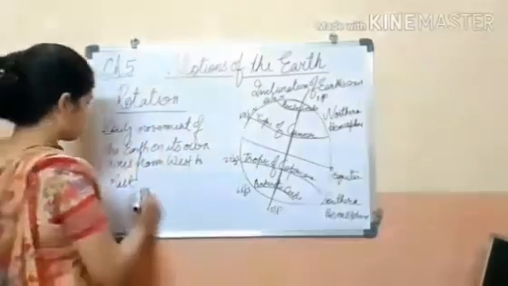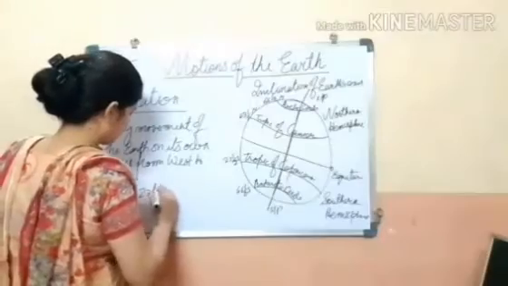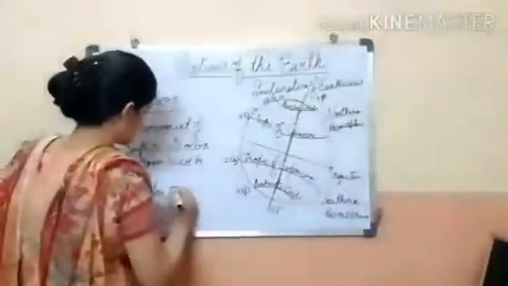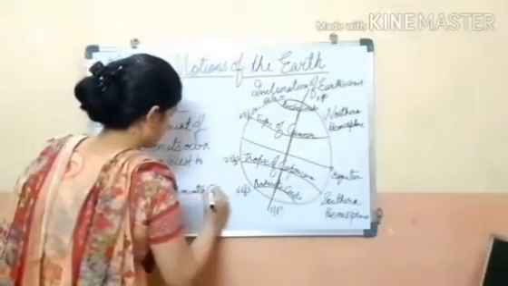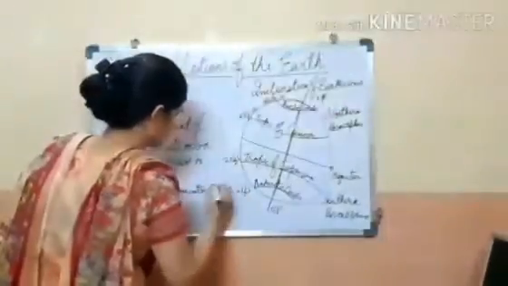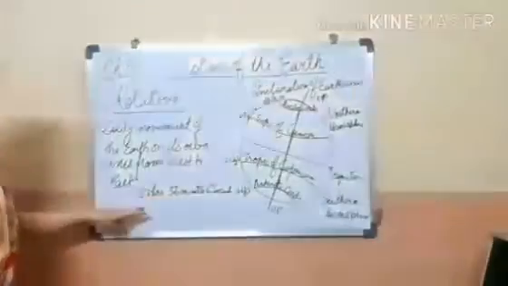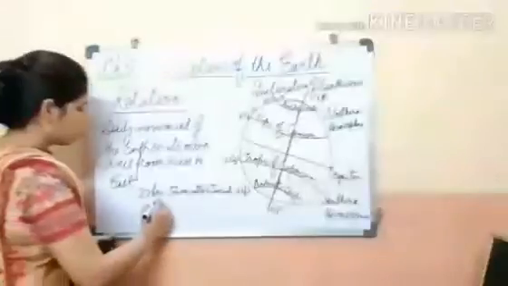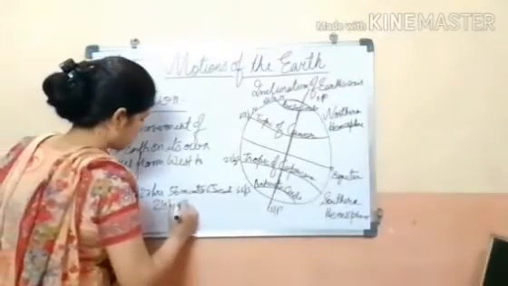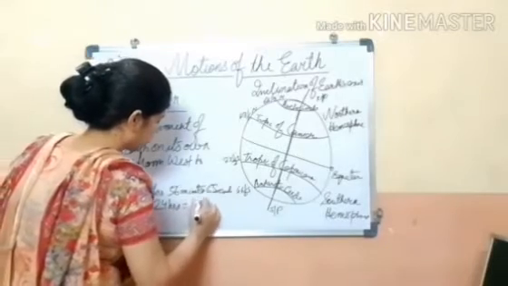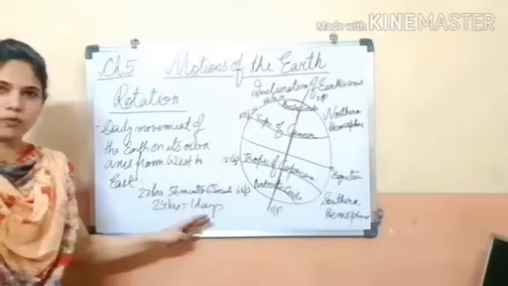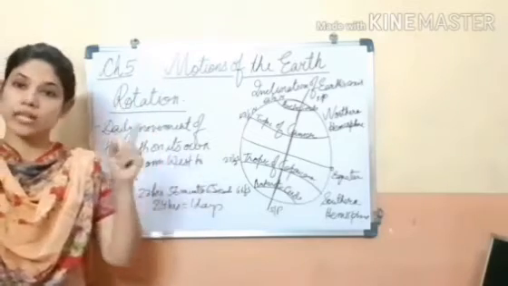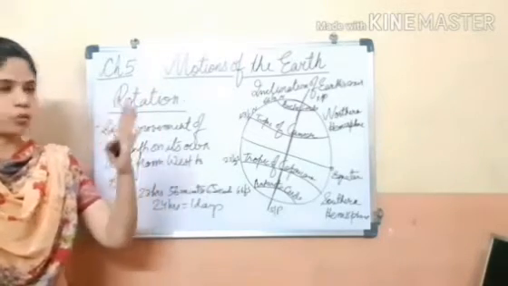Exactly, that is 23 hours, 56 minutes and 6 seconds. This much exact time it takes, which is 24 hours, that is equal to 1 day. So 1 day, the earth takes 24 hours to complete one rotation, spinning on its own axis.